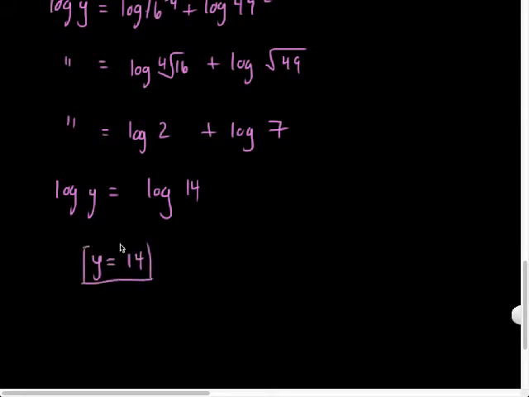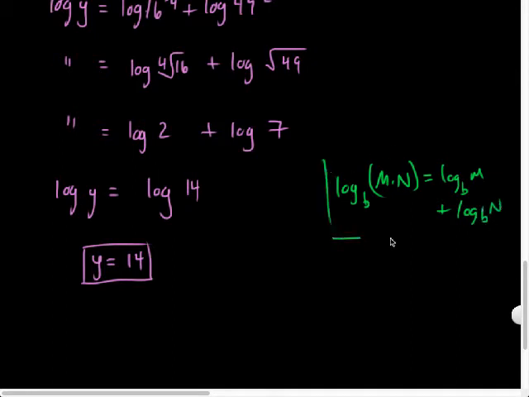Ta-da. Now, wait, so you would add 2 and 7 and multiply them? Yep. The sum of 2 logs is equal to the log of a product because that's what we had yesterday. That log base b of m times n was equal to log base b of m plus log base b of n. Well, it's kind of like symmetric to the property of exponents.